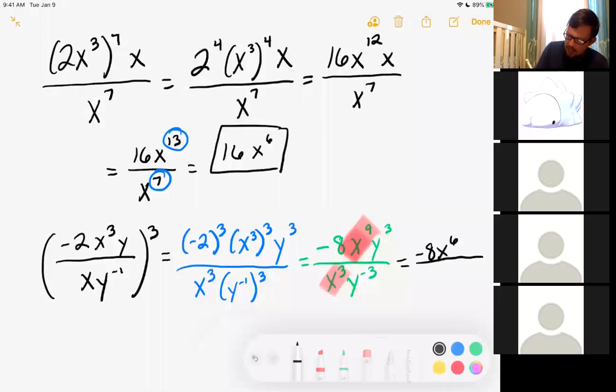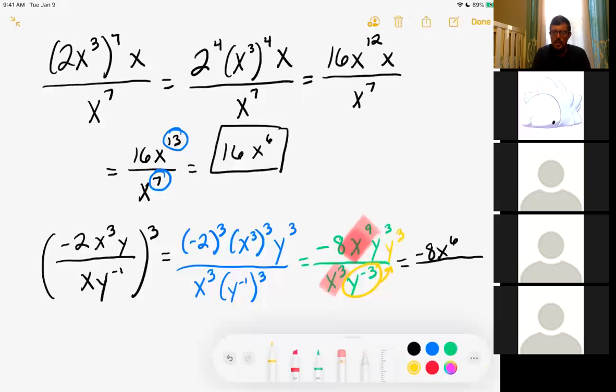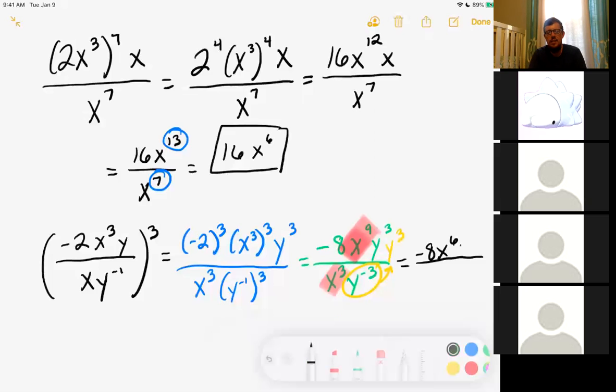And then this y to the -3rd has to go up top to become positive, y to the +3rd. So I have y cubed times y cubed, which is y to the 9th.